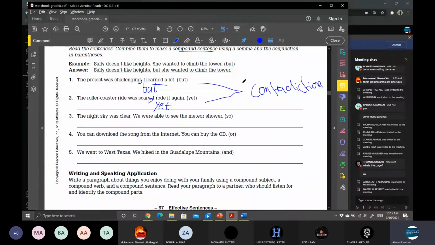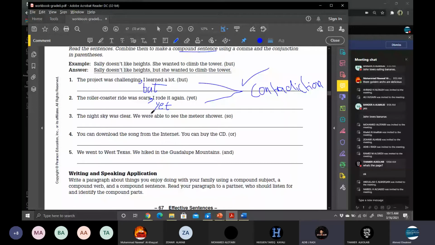There is a contradiction in the two clauses we have. What is the difference between using but and yet for contradiction? Who can answer this?